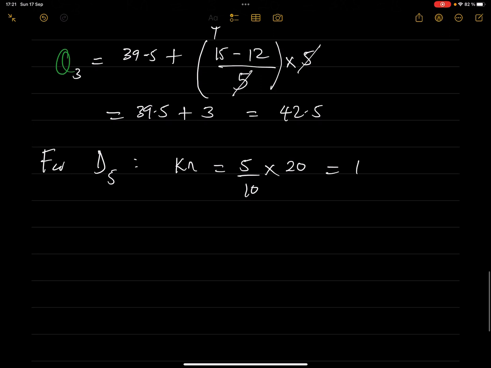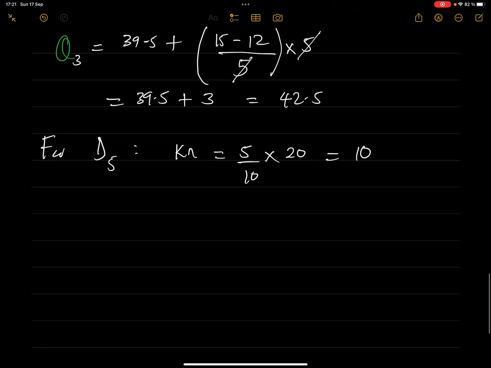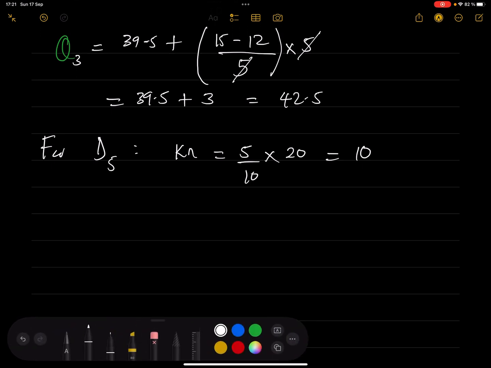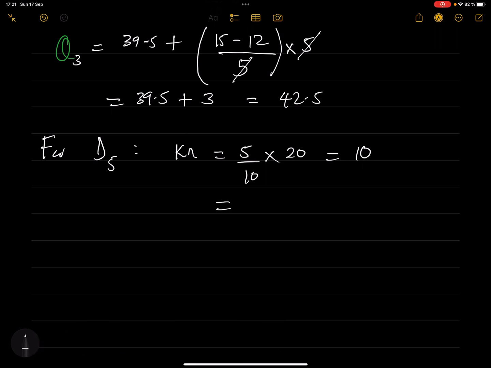That will be 10. You got your 10 by saying Kn equals 1 over 2 multiplied by 20, which equals 10.